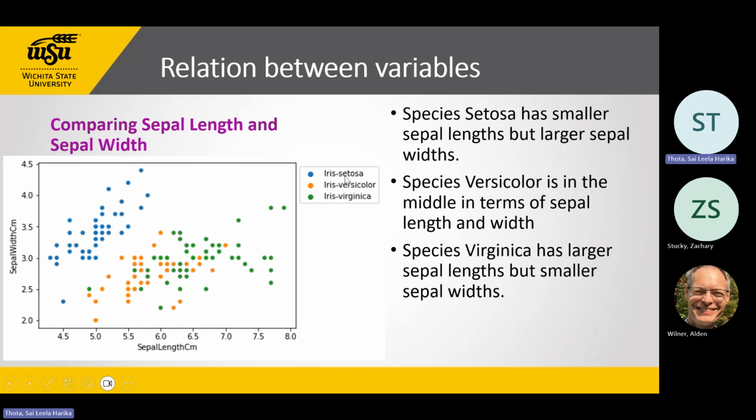Let us see the blue one, Setosa. Here the Setosa has the smaller sepal length and the larger sepal width. In that way, we can compare the values between the two variables by using these plots.